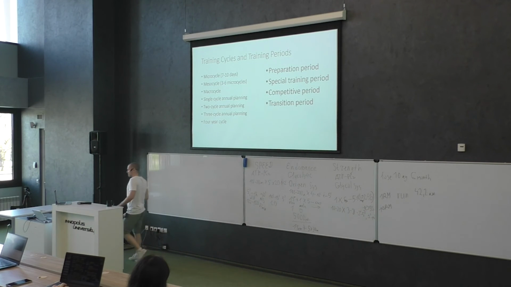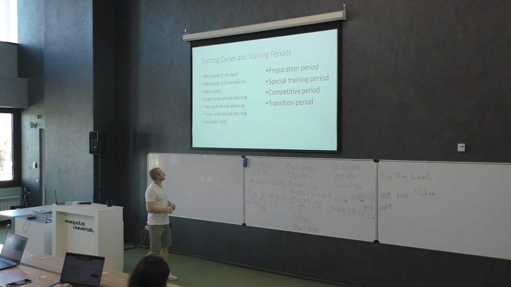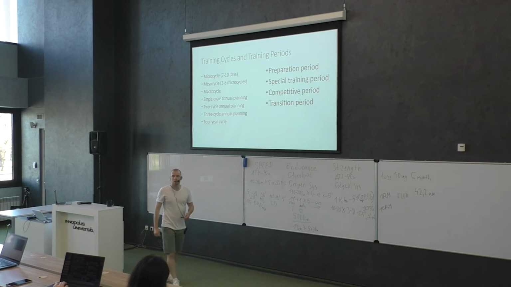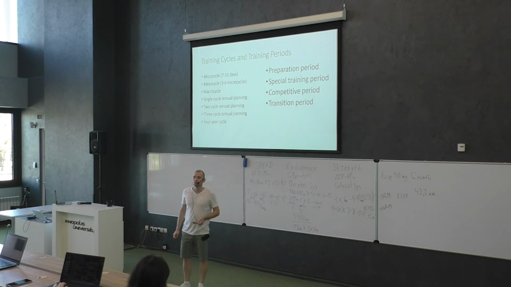These are called microcycle, mesocycle, and macrocycle. A microcycle continues 7 or 10 days, but it is more convenient to use a 7 day microcycle.